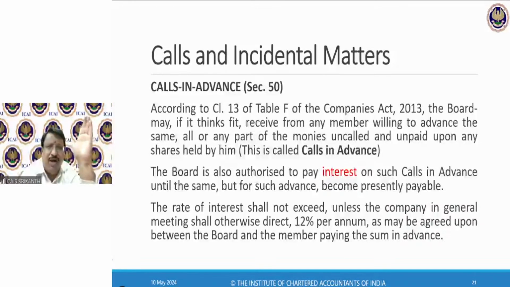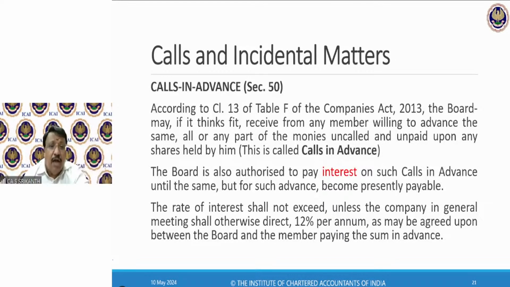Clause 13 of Table F. Table F is the format of the articles of association of a company limited by shares. There in clause 13 of Table F, the board has power to receive any advance against the calls, and to give some interest on the calls in advance.